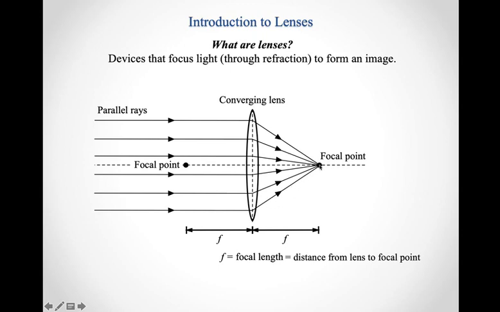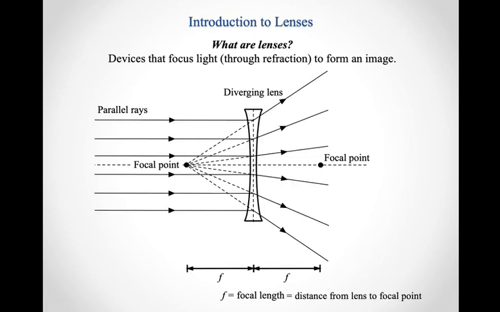The other type of lens we could look at is a diverging lens. So same scenario, right? We've got our principal axis, we've got our lens, we have parallel rays coming in from a light source that's infinitely far away. But now when these rays come in and hit the lens, as they refract, instead of bending towards the far focal point, they're going to bend away from the lens using the near focal point.